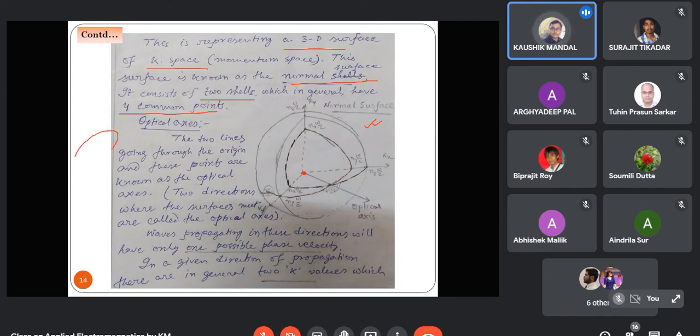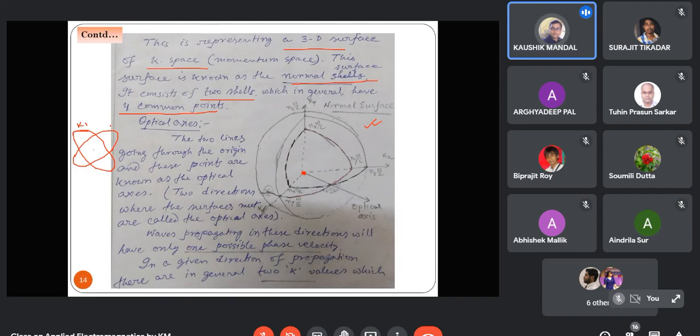Say this is one ellipsoidal quantum well. So this is the common center point, and I am considering another ellipsoidal quantum well, and we are considering the overlapping of these two shells. For these two shells, the k value will be different.